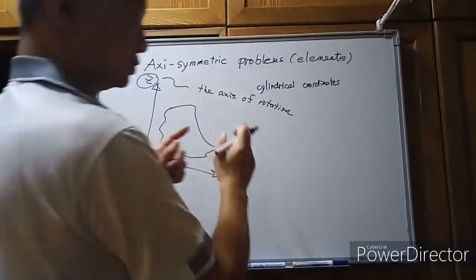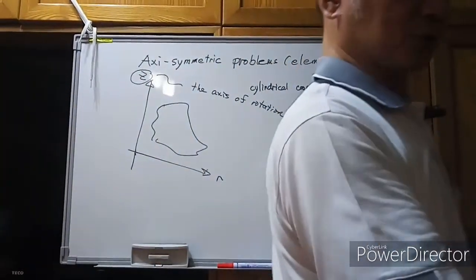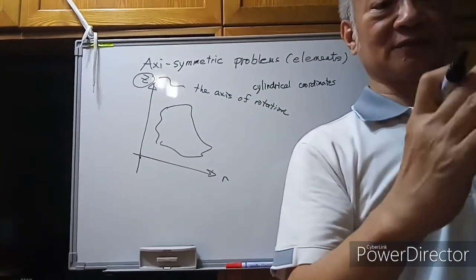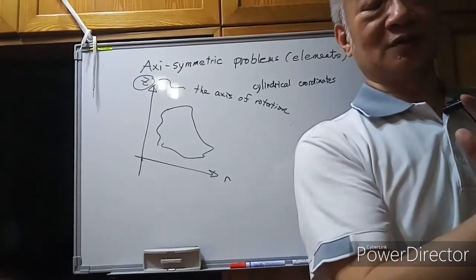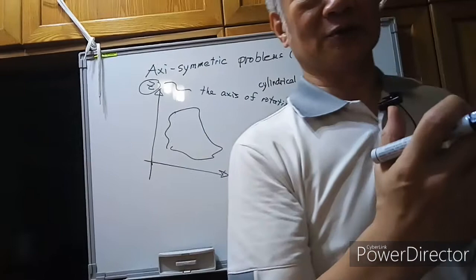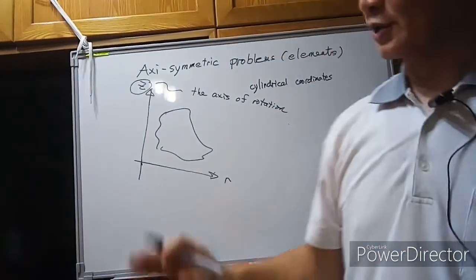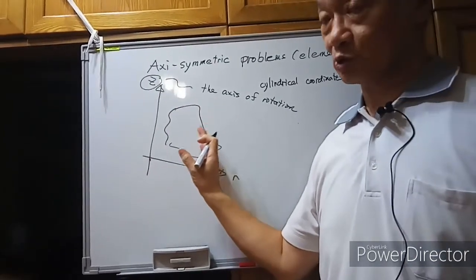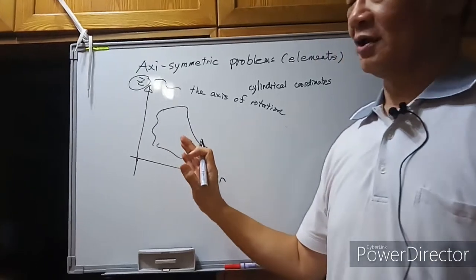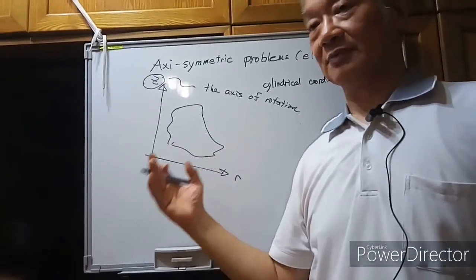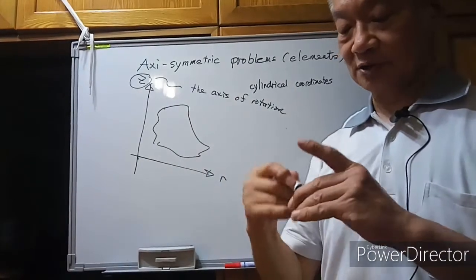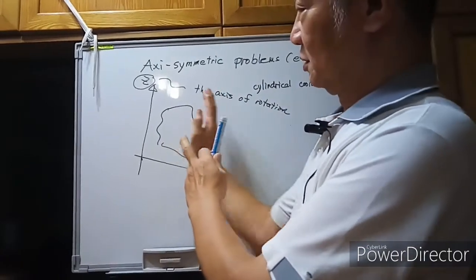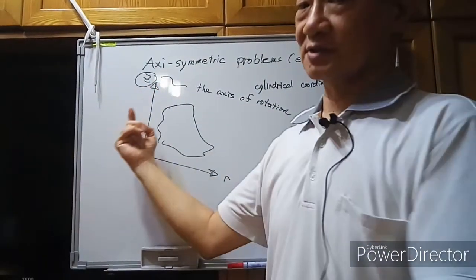We will rotate the structure, we will rotate the applied loadings. Everything will be rotated to get the entire three-dimensional structure. Okay, so although we see it is only a plane structure right now, what is the entire three-dimensional structure? The entire three-dimensional structure can be obtained by rotating this plane structure about the z-axis.